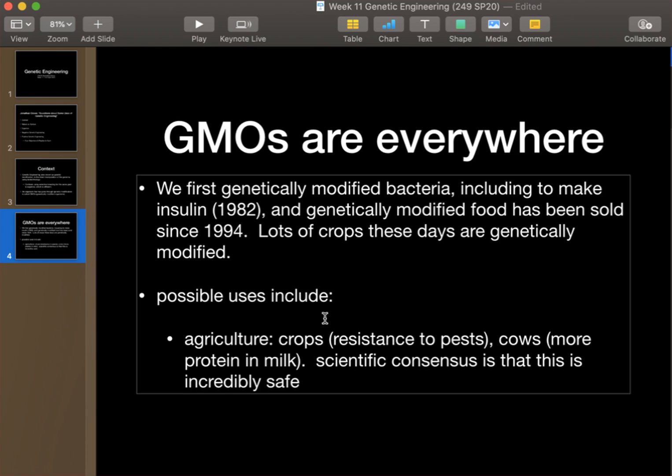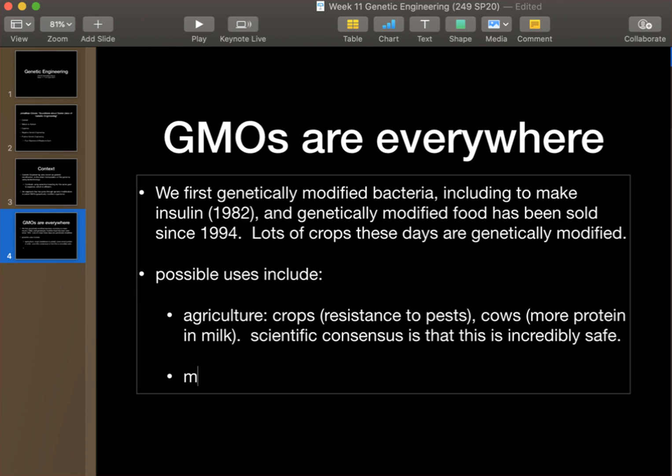It is no more dangerous than breeding crops to have the resistance, or breeding cows so that you only let the cows who produce the most protein in their milk have babies and have more cows. The scientific consensus is the genetically modified organism is safe. But this is not our topic today.